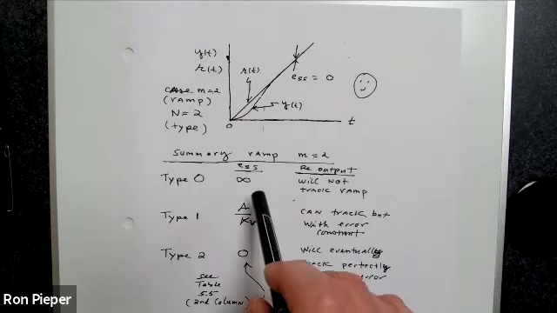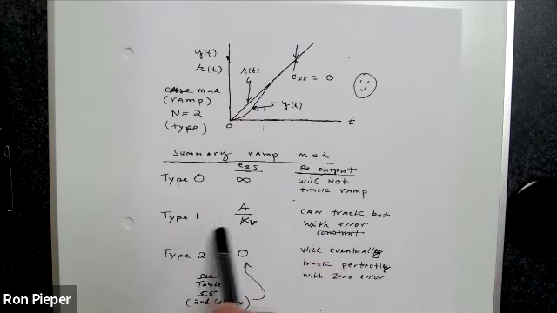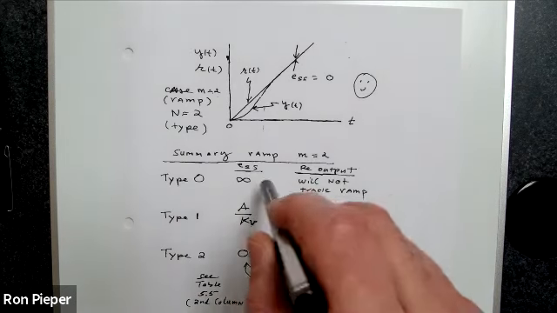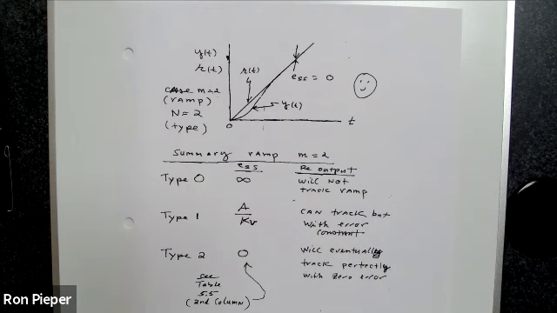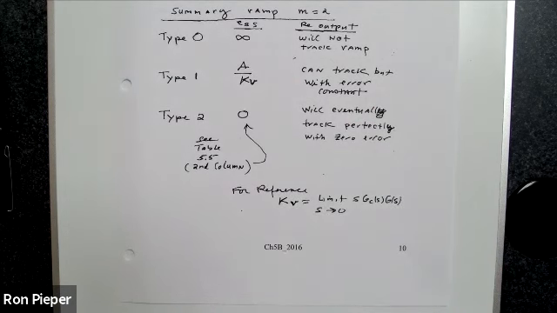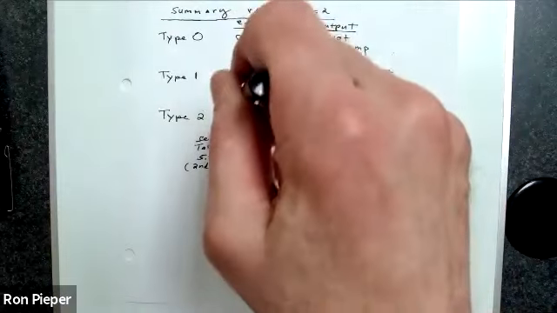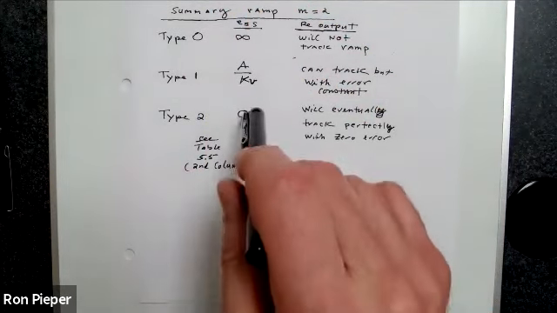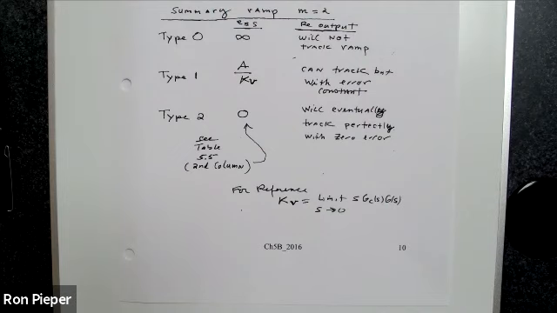Okay, so in summary, this kind of summarizes everything. I'm not sure I need to go through all the details because we just went through them, but there's a good summary of that, and even including our recipe for coming up with a KV, the so-called velocity constant. As we see, as the type went up, the tracking got better, and the best condition was for type 2.